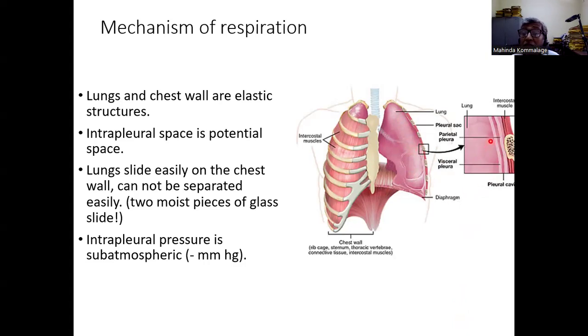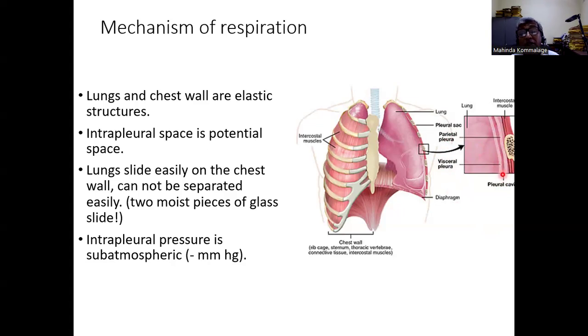The lung is covered with several layers, which we call pleura. Actually, there are two types of pleura: visceral pleura and parietal pleura. This is the lung, and this inner layer of pleura is the visceral pleura, and the outer layer is the parietal pleura, with a small cavity in between that we call the pleural cavity.